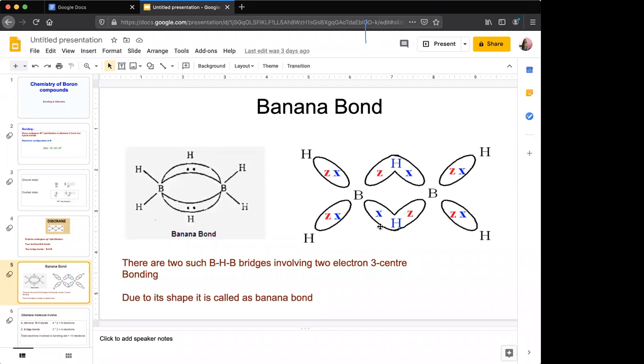When this X and Z move from this boron atom to this boron atom, what will happen? The bond will look like a banana bond. As you can see in the first structure, the bonding looks exactly like a banana bond, right? And hence this bond is called banana bond.